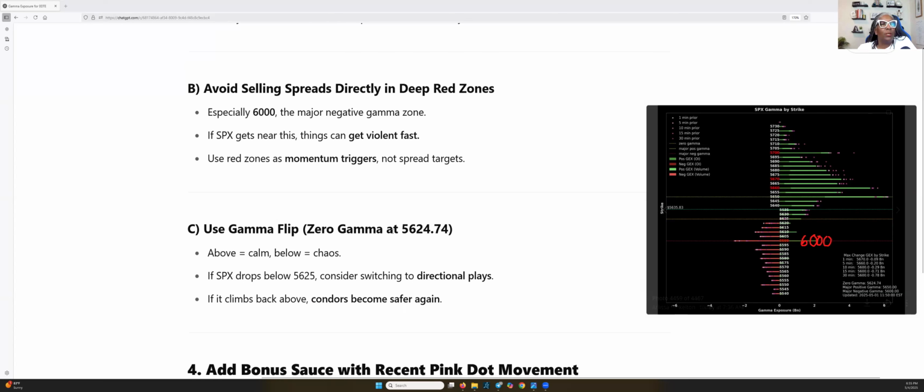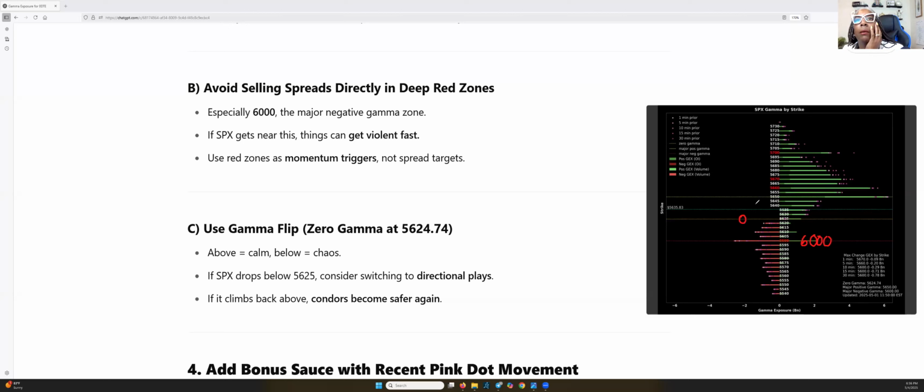Use the gamma flip, or zero gamma, which was in the middle. 5624 was somewhere where the zero gamma is. Where is our zero? Was this line up here? 5624 was right in here. Zero gamma is this one. Let me get my little pencil so y'all will know. This is the zero gamma. That's the zero right there.